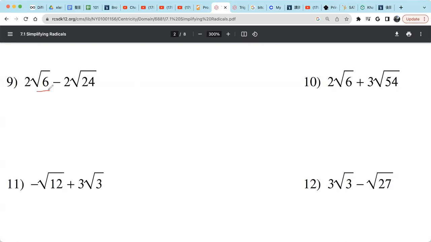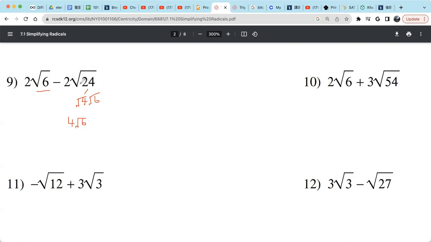Let's see this one. Square root of 6 is the simplest form. But 24 is not. 24 can be split as 4 times 6. Then square root of 4 is 2. 2 times 2, that's 4. So the second one becomes 4 times square root or radical 6.